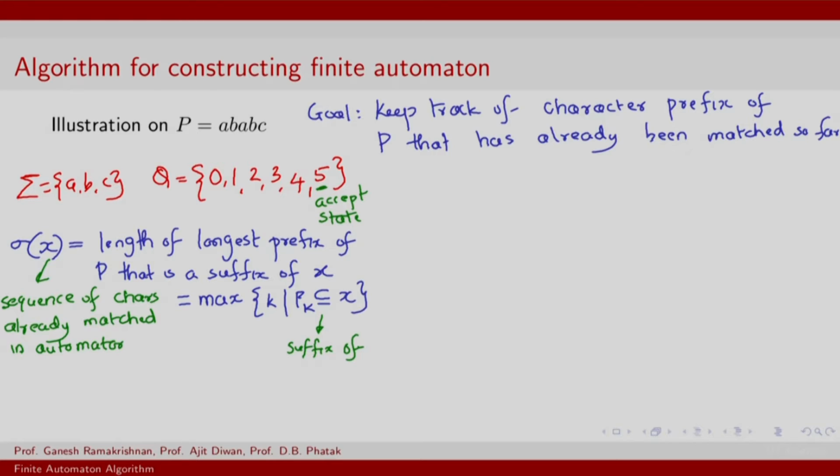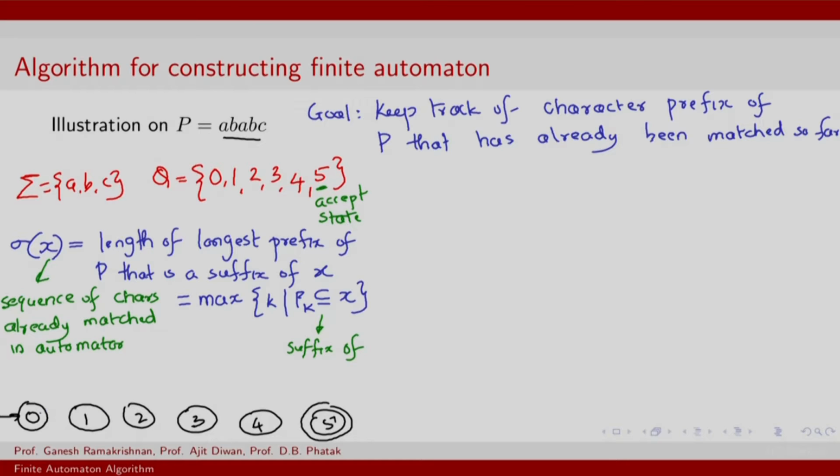Now, let us try and see what this would mean for our sample pattern ABABC. So, I am going to start with my states 0, 1, 2, 3, 4 and 5, 5 being the accept, 0 being the input, and I need to now identify where my arrow should be going.